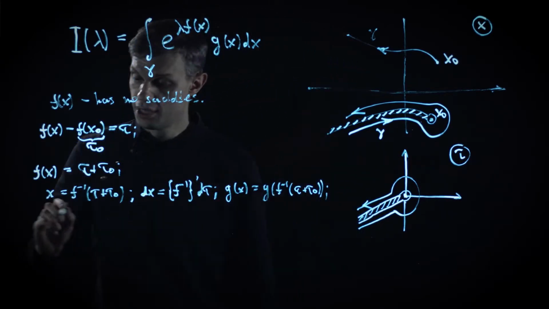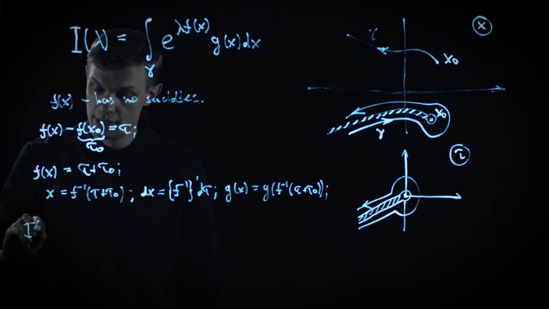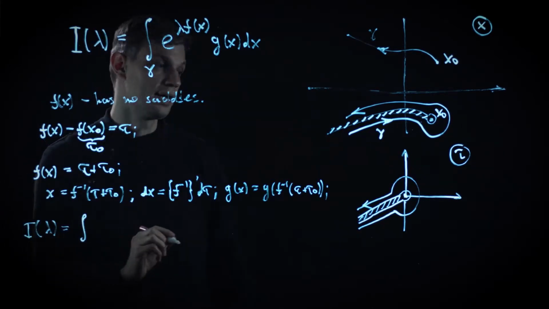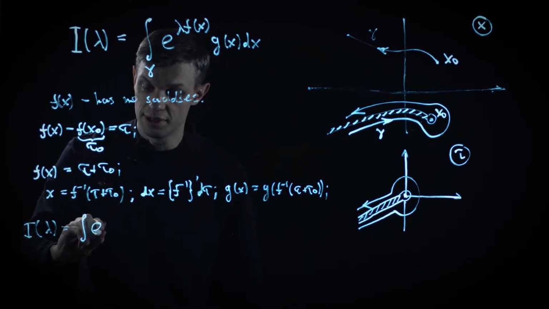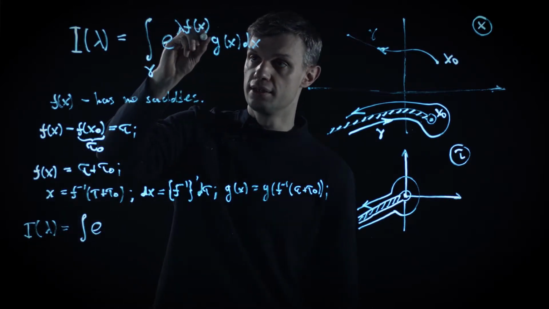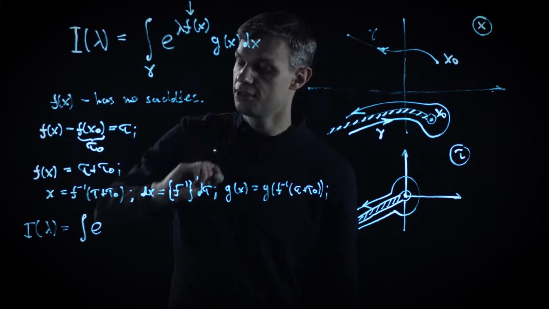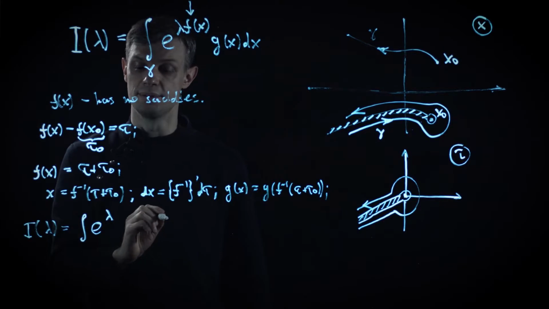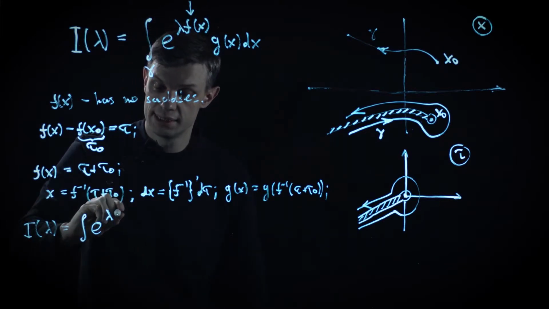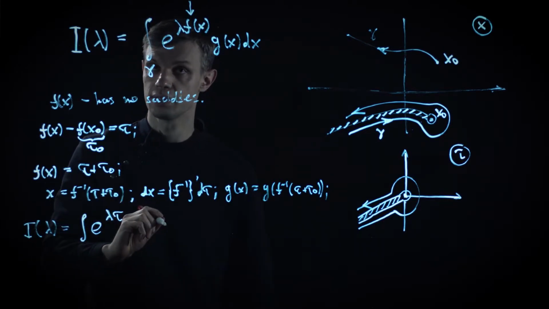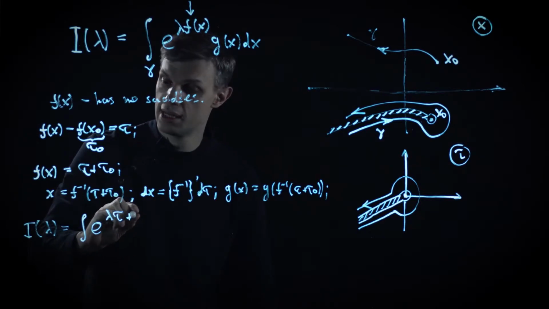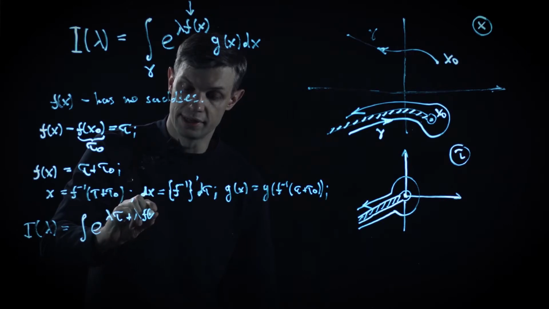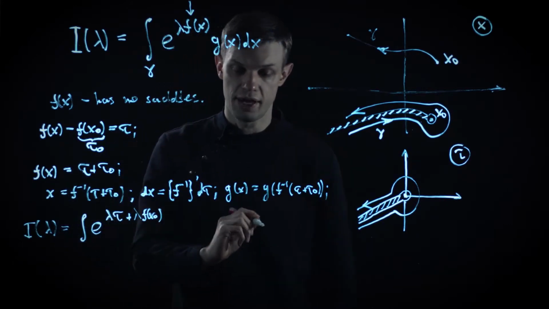After this change, the integral is simplified and becomes the following expression. In particular, the simplification addresses the exponent form. Now the exponent is particularly simple. It's just lambda tau plus lambda f of x naught.